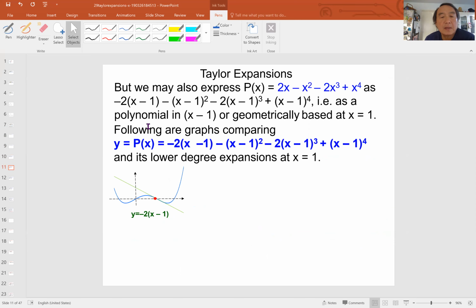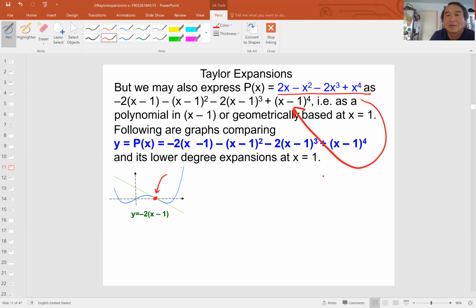Now what happens if I'm looking at the same polynomial in the version around 0, but I shift the focus to this fourth degree polynomial at the point x equal to 1? In particular, we're going to write these formulas as polynomials in x minus 1, so it's a fourth degree polynomial with (x minus 1) cubed, etc. This polynomial is called the Taylor polynomial of P of x.